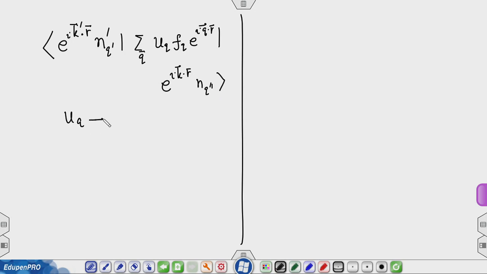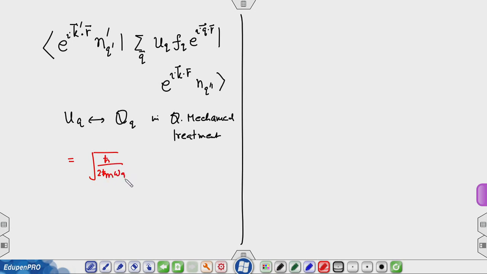Remember, u_q was replaced by the operator in the quantum mechanical treatment, and this was equal to that constant 1 over 2 h cross over 2 m omega q, sorry, a is the operator, a_q plus a_{-q} dagger.